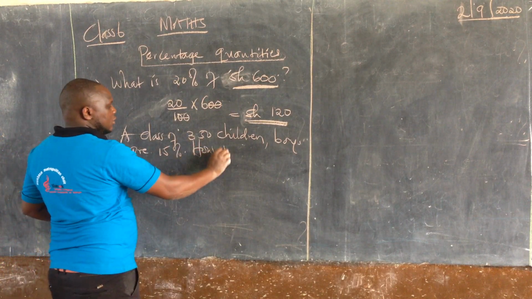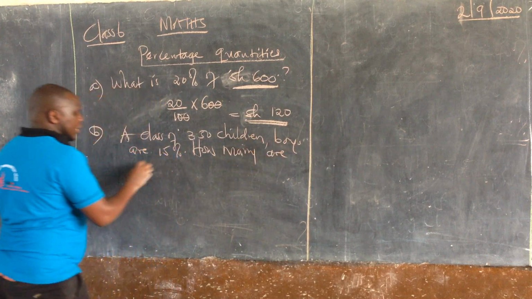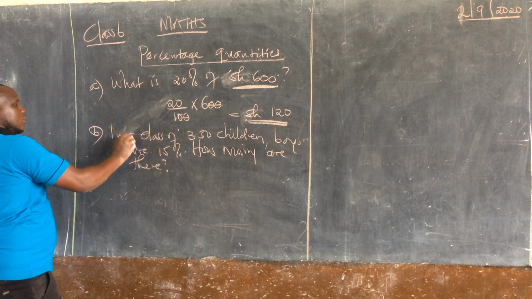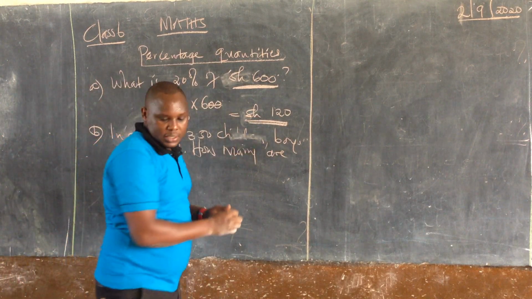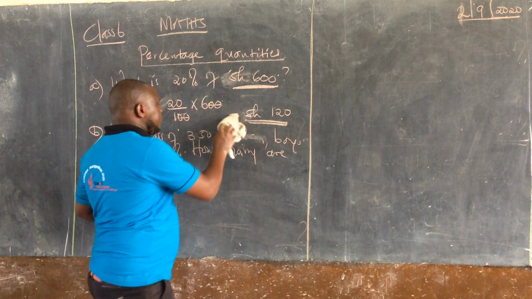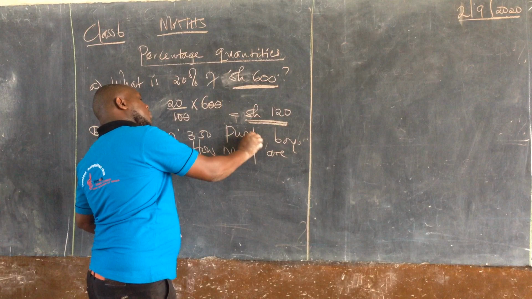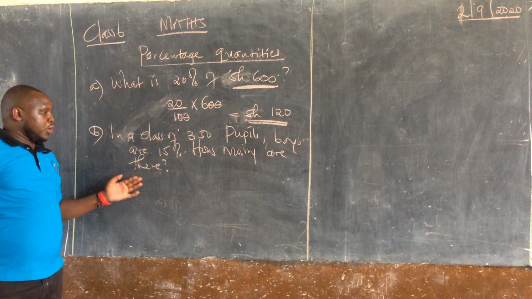How many boys are there in a class of 350 children, or pupils in this case? Let me write pupils here. In a class of 350 pupils, boys are 15%.